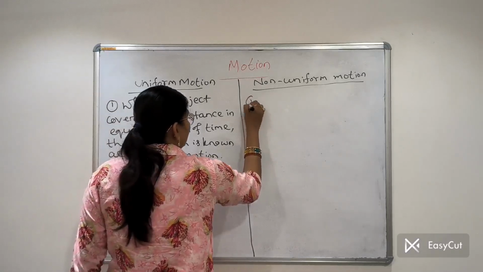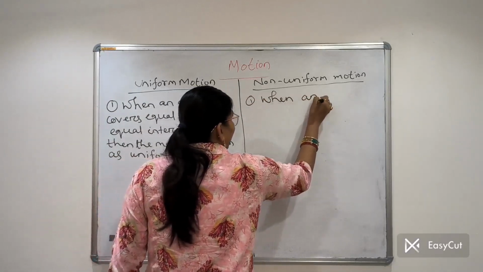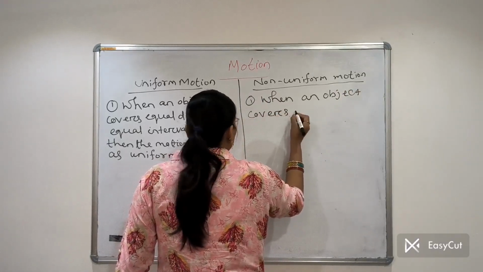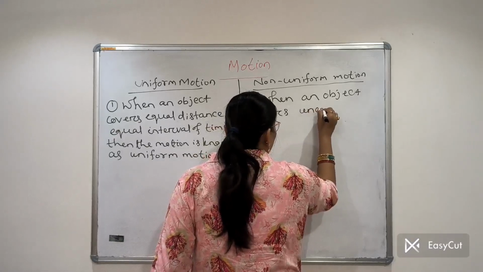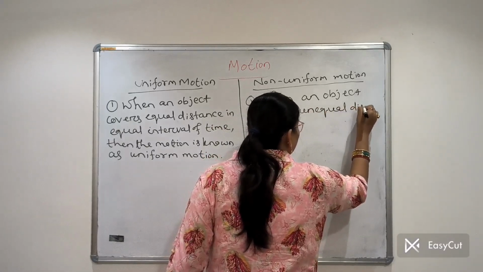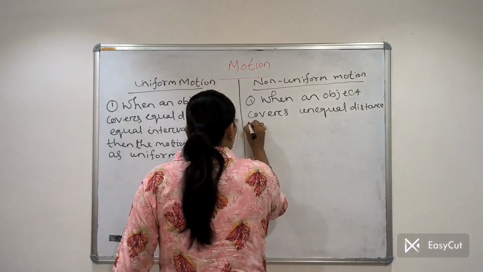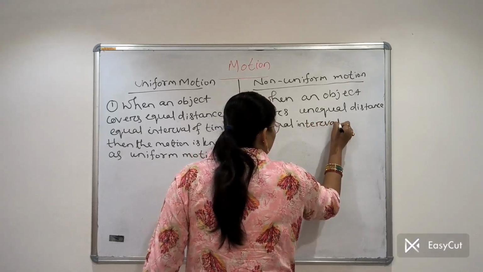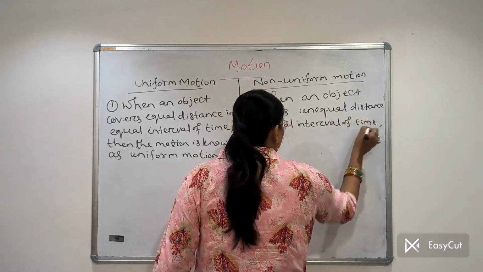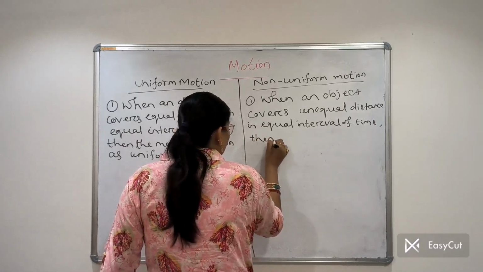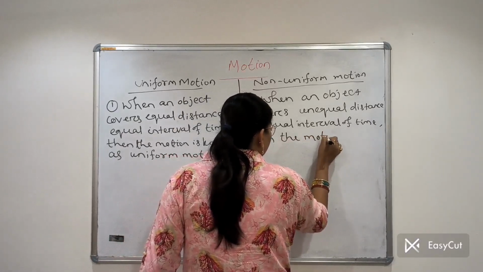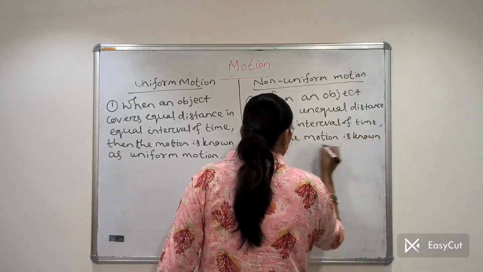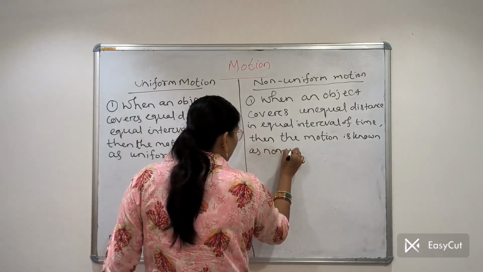What is non-uniform motion? When an object covers unequal distance in equal interval of time, then the motion of the body is known as non-uniform motion.